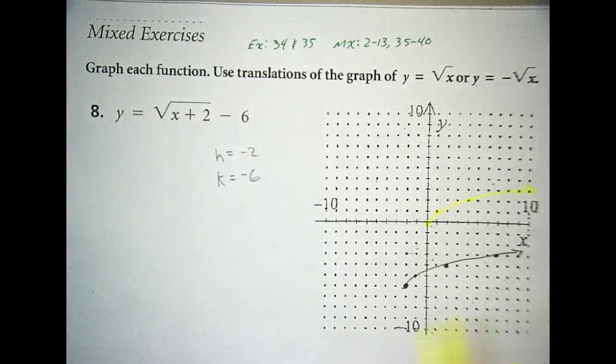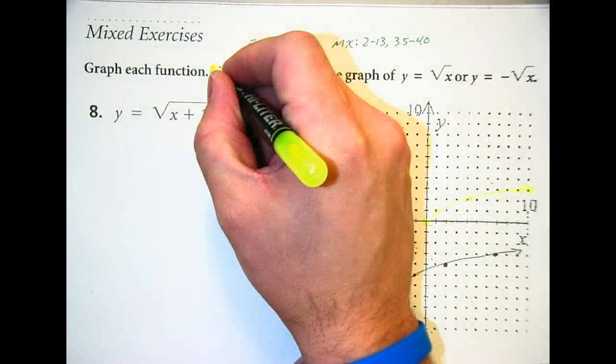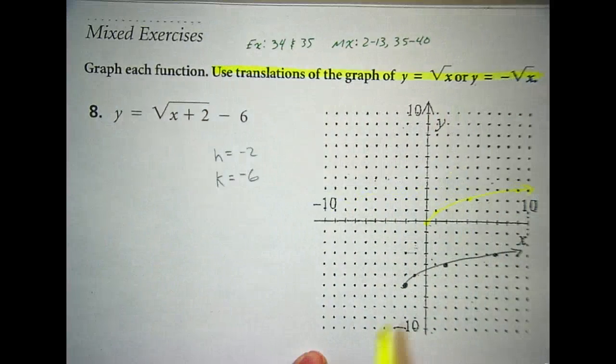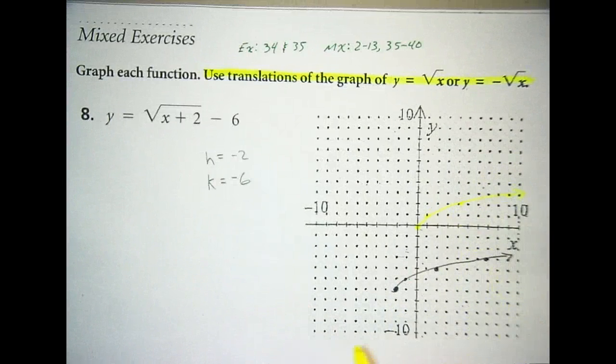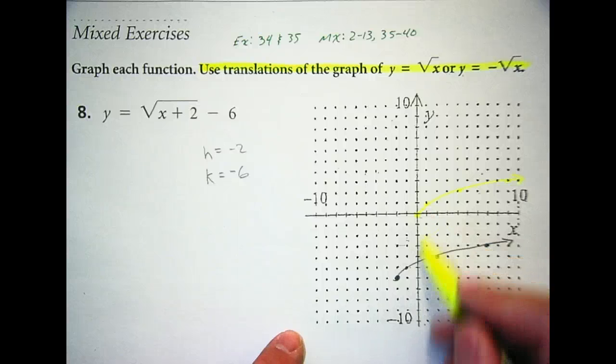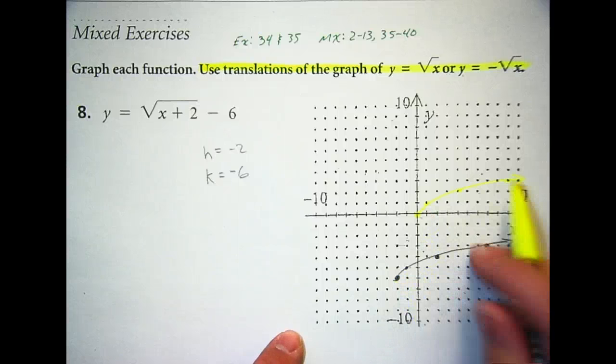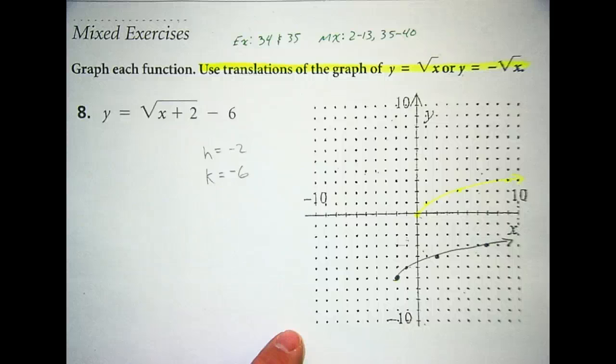Well, that's how we always graph. We're always doing this. You just don't recognize it by that instruction. You slid it down 6 and over 2. And now it's there. Pretty cool, huh?